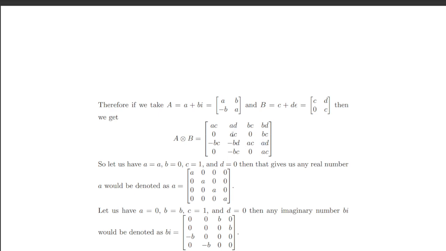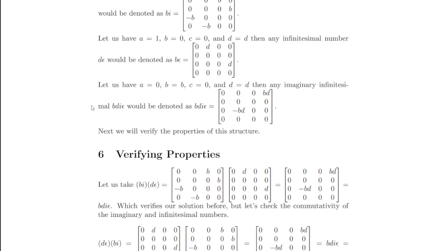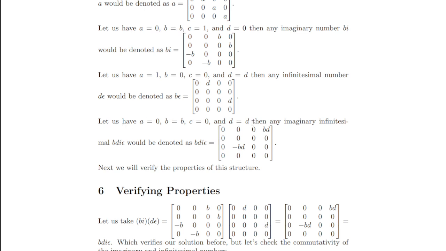Anywhere else it'll be 0. Okay. Now finally, B times D, we get negative BD and BD here, because we want to say that BD I epsilon is this way.